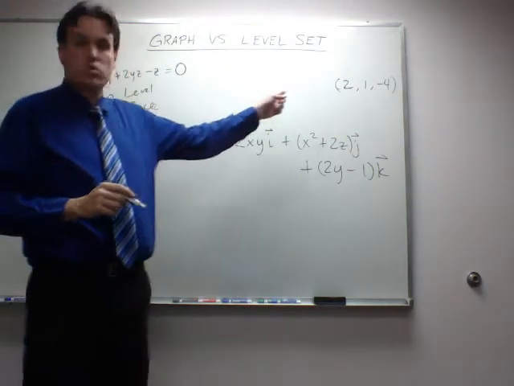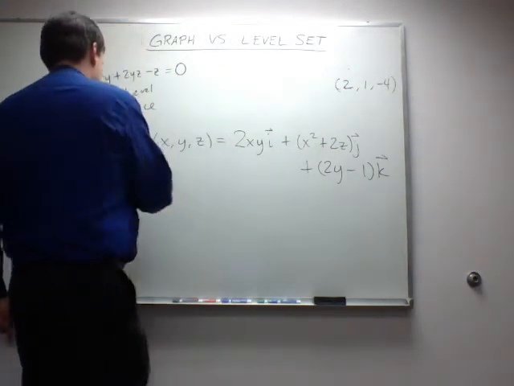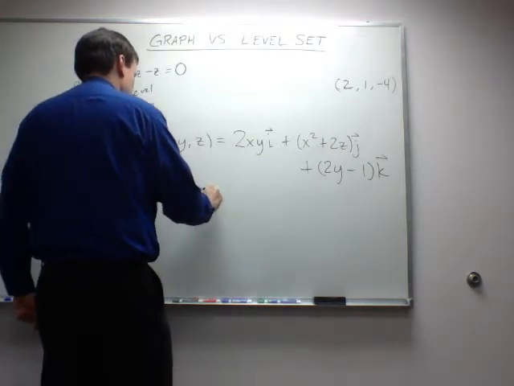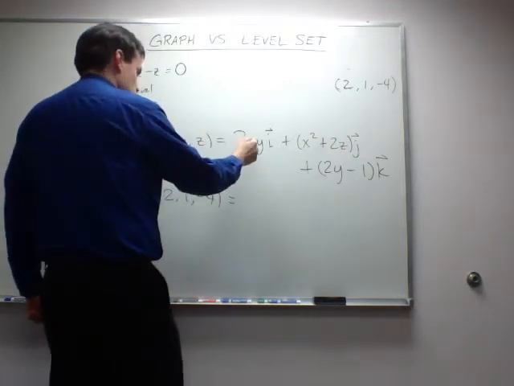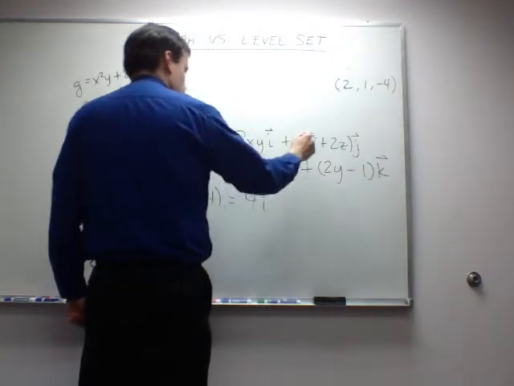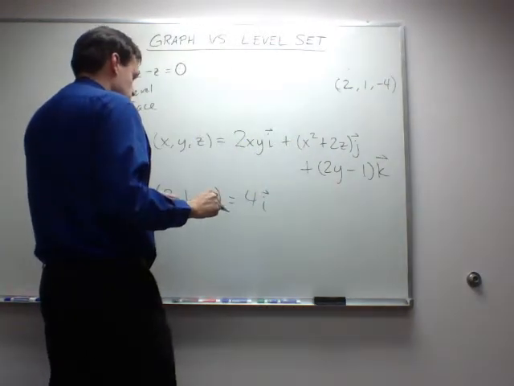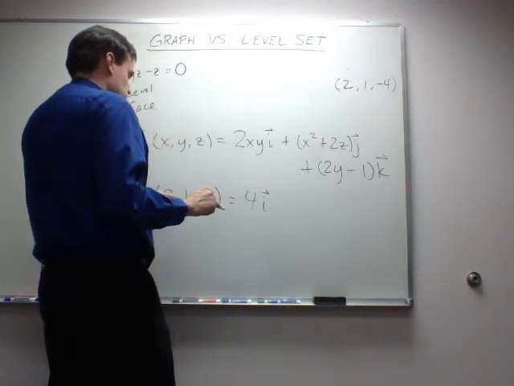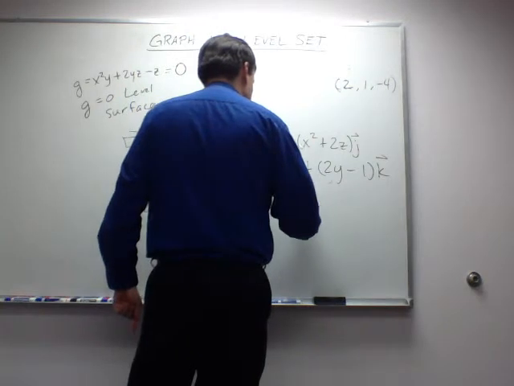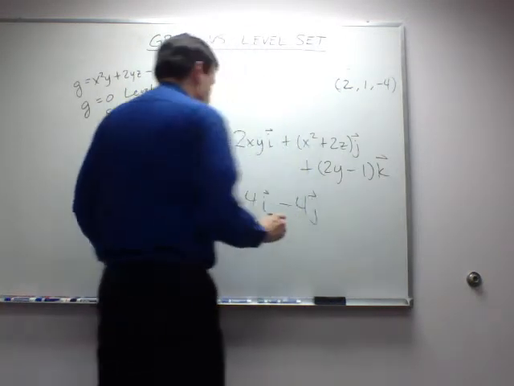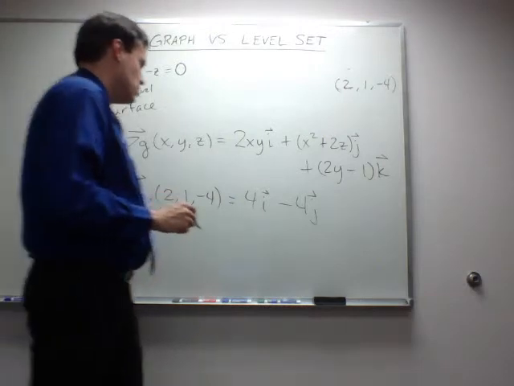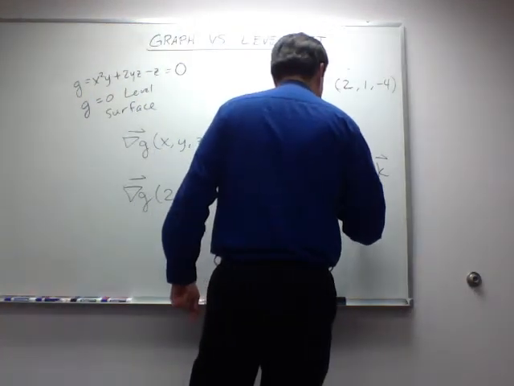I'm interested in the point 2, 1, negative 4, so my gradient vector there is going to be 2 times x times y, that's 4i, x squared plus 2z, that's 4 minus 8, that's minus 4j, and then 2y minus 1 k, that's just a plus k.